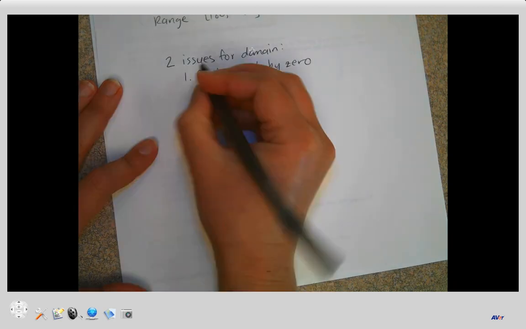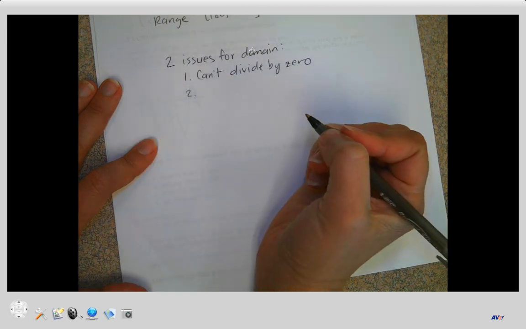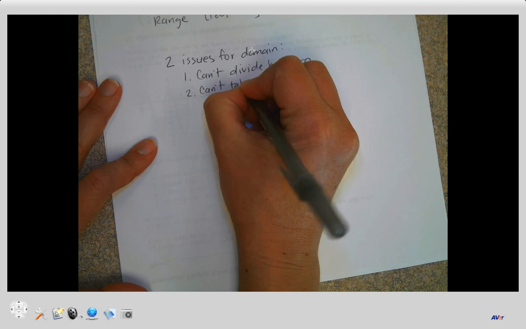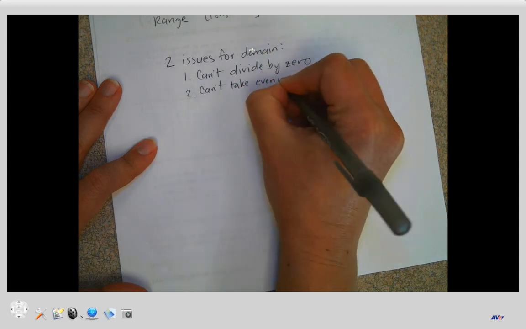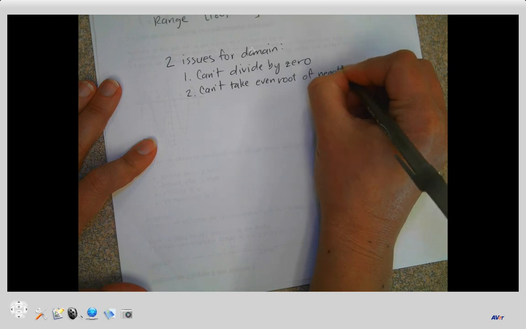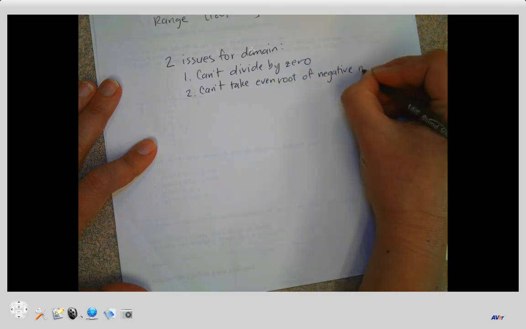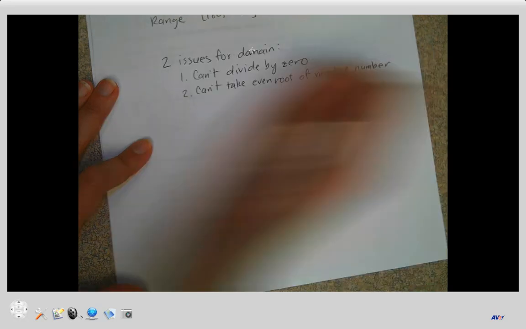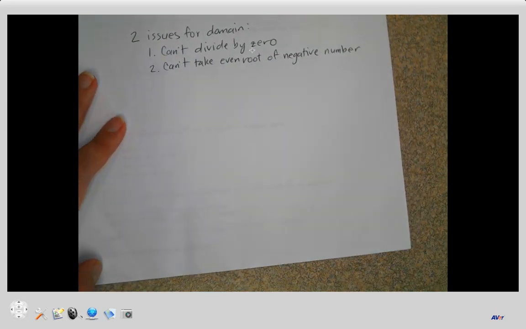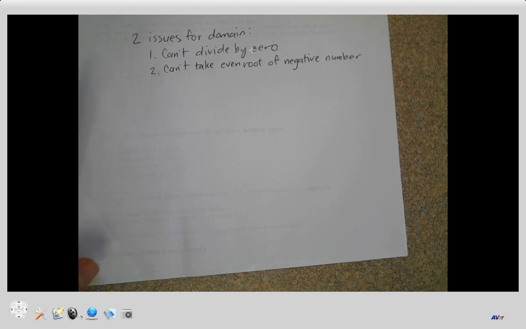Okay, and the second is we can't take an even root of a negative number, if we're talking about real numbers, which we are for now. Okay, those are the two things we need to be concerned about: dividing by 0 and taking even roots, like a square root of a negative number.